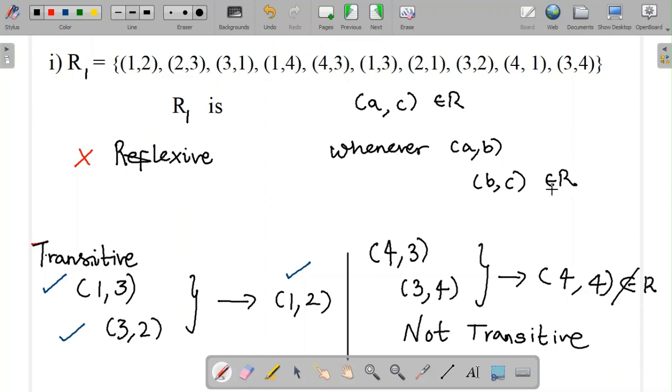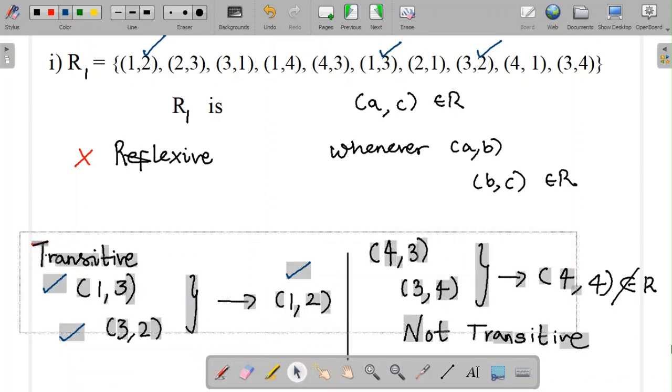As an example, I've considered the pairs (1, 3) and (3, 2). If (1, 3) and (3, 2) are present, then the pair (1, 2) must also be present. This is obvious and it is observed also. (1, 3) is here, (3, 2) is here, (1, 2) is here. This qualifies as an example of ordered pairs which meet the transitive condition, but this must be observed for every a, b, and c belonging to the set.